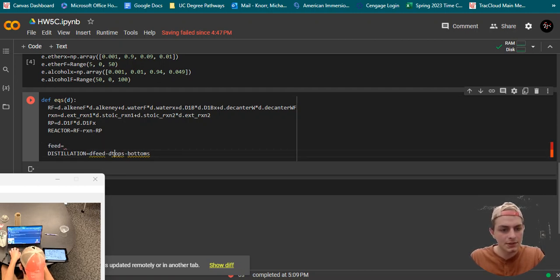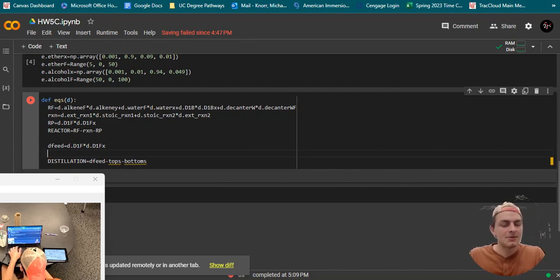Defeed is going to be equal to our reactor products right here. Now, is that a bit redundant? Couldn't I have just put RP right here and it'd been fine? Absolutely. But if we wanted to change something or add some sort of pipe that was altering the feed of the distillation column, it's a little bit nicer to code it that way. That way, when we simulate it, it would be a little bit better.